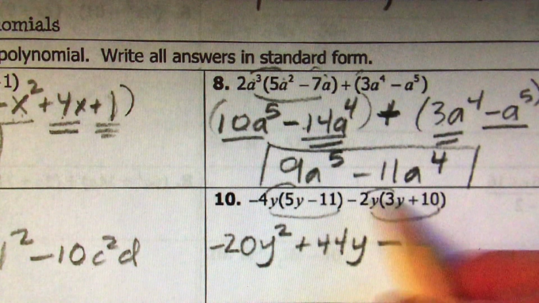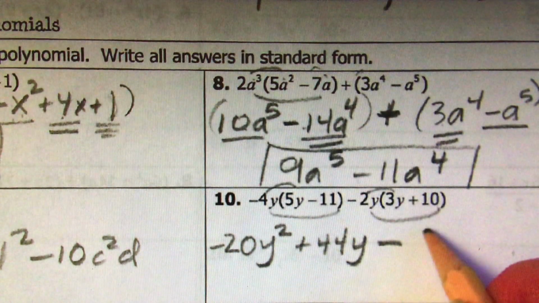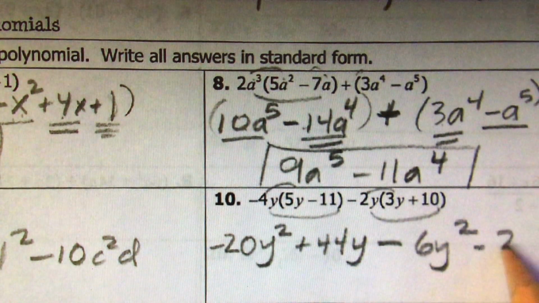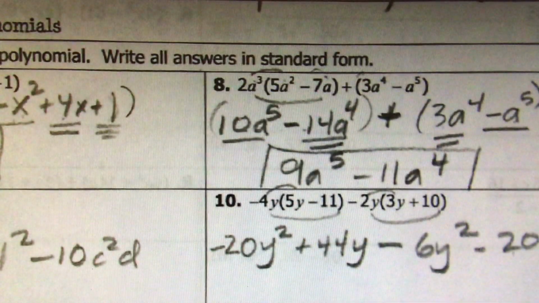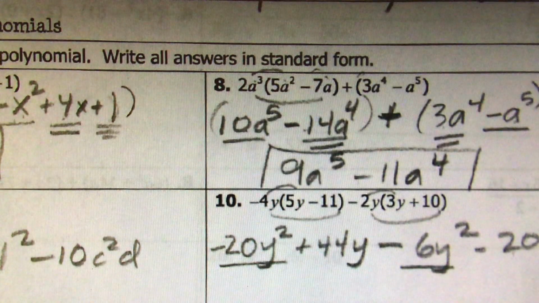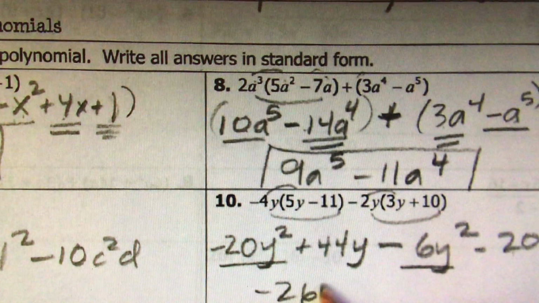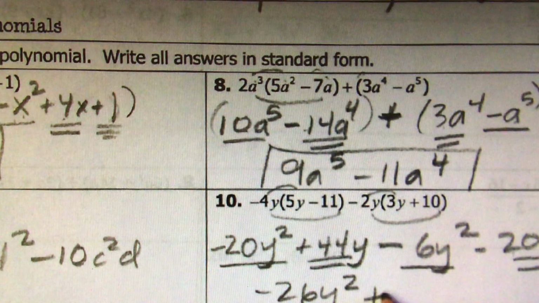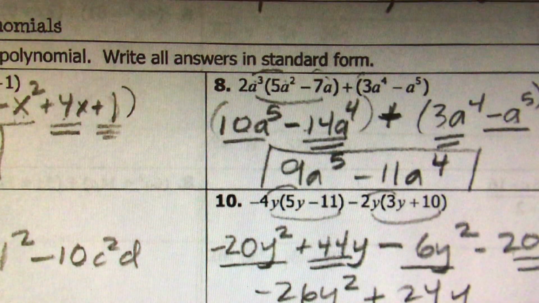Minus, and then I'm going to wink these out. It looks like I should have 6y squared minus 20y. Pretty straightforward. Now I can look for my like terms. Now I have negative 26y squared plus 24y. Okay.